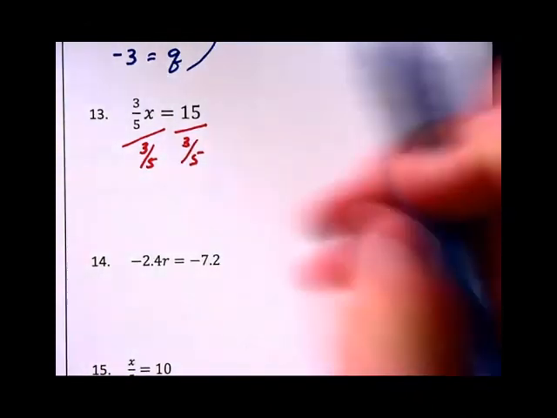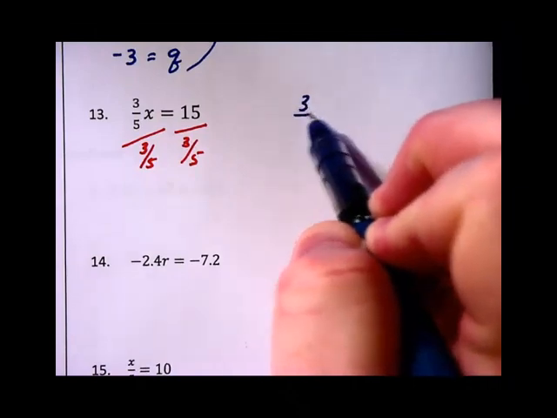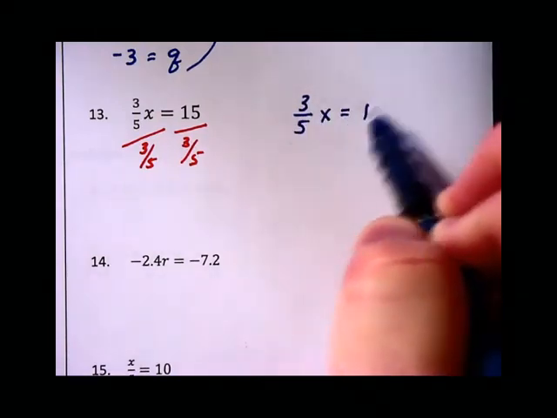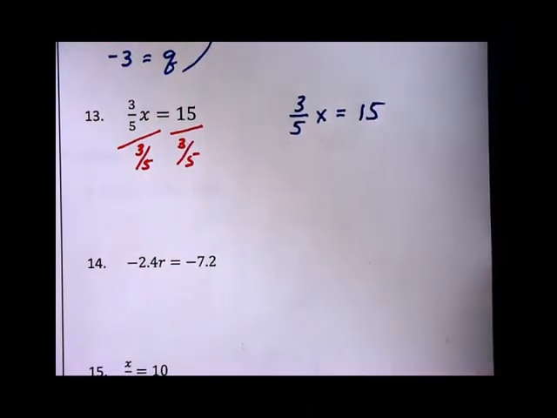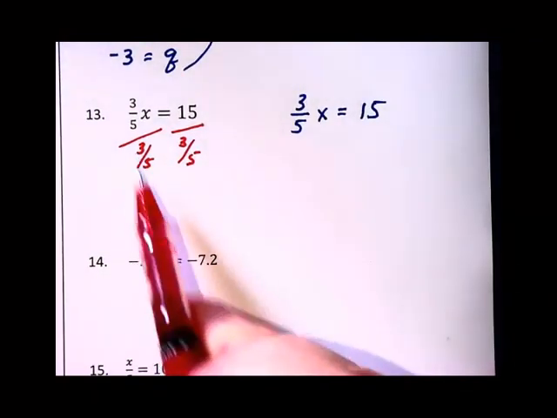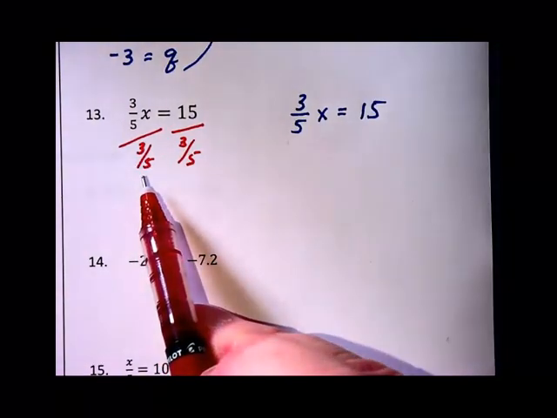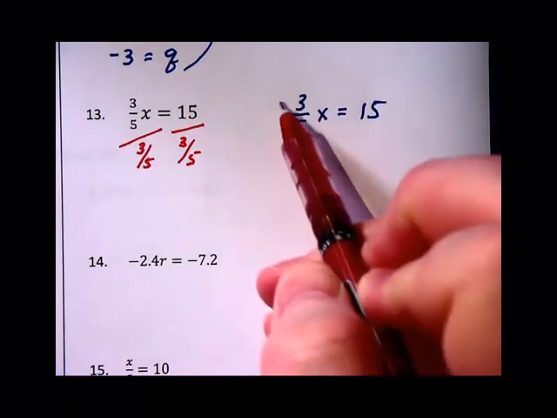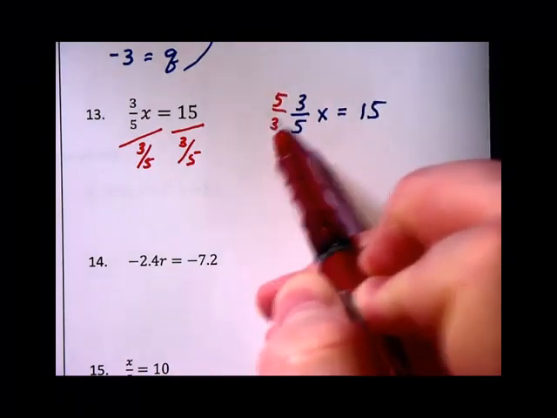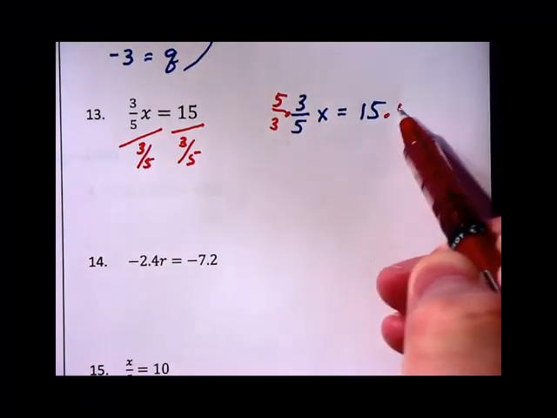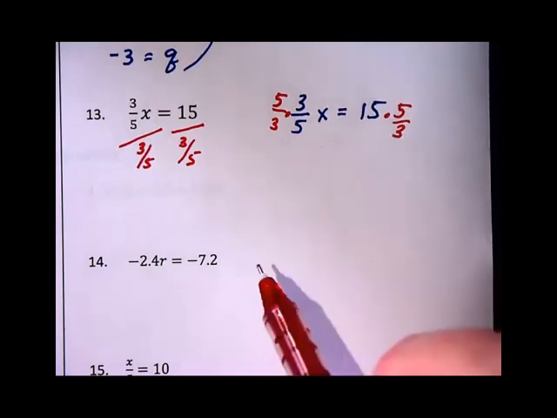It's easier in this case to say, okay, here's my 3/5 x equals 15 written all over again. If I'm going to be dividing by a fraction, I'm going to be multiplying instead by the reciprocal. So multiply by 5/3 on the left and multiply by 5/3 on the right hand side also.